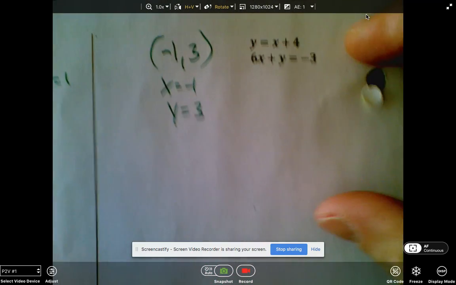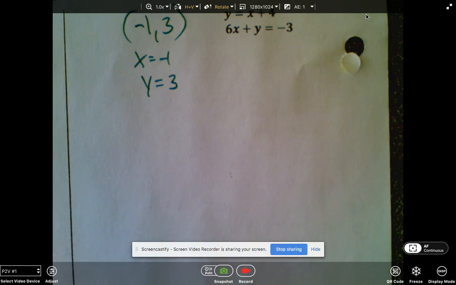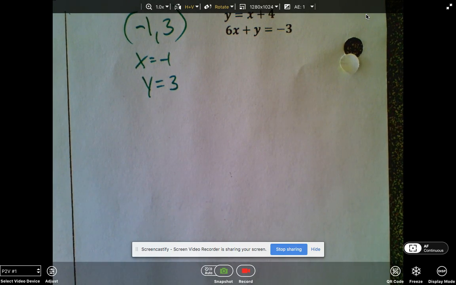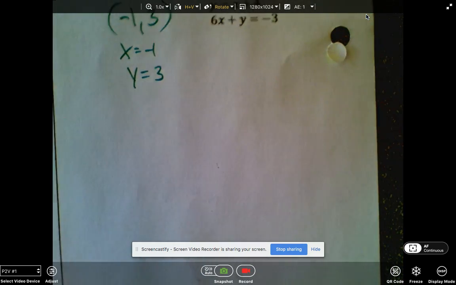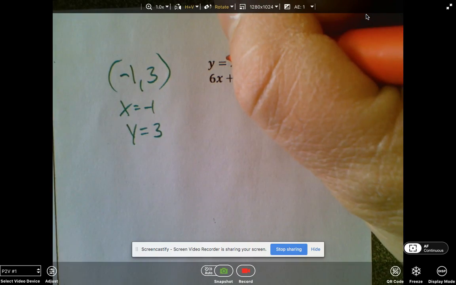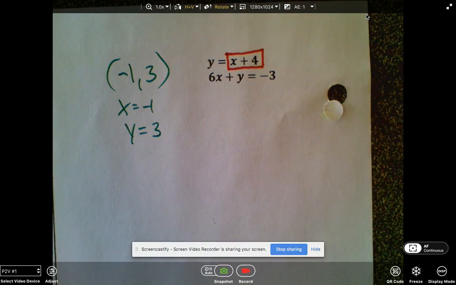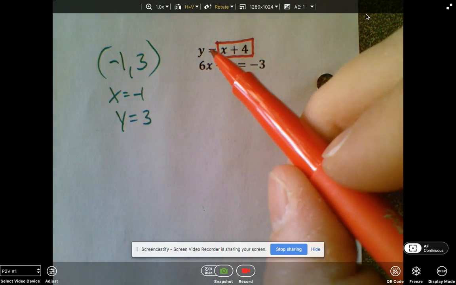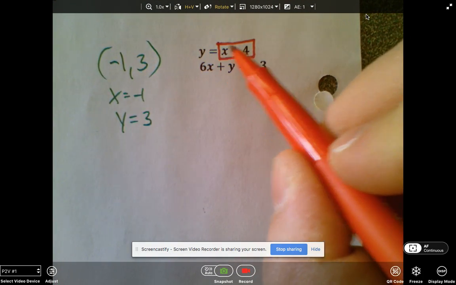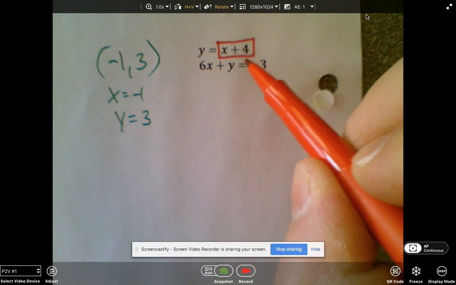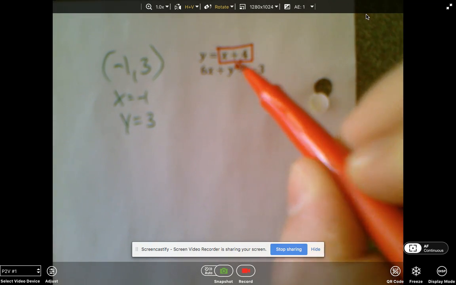All right, so this substitution is going to take a little bit more effort. So I usually box what I'm going to substitute. And if you ever see a y equals or an x equals, you automatically want to substitute that. So I'm going to substitute this y equals x plus 4. I'm going to put it right there.